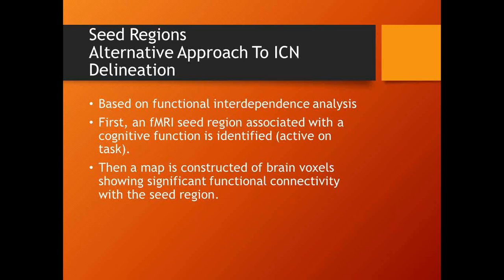Then a map is constructed of brain voxels, all the small areas in the MRI atlas, showing significant functional connectivity with the seed region. So you look for all the other areas that seem to be coherent or significantly coactive with respect to each other and to that key spot.